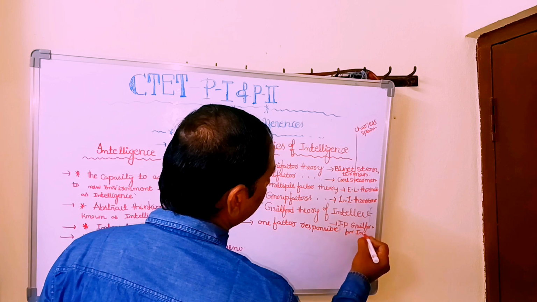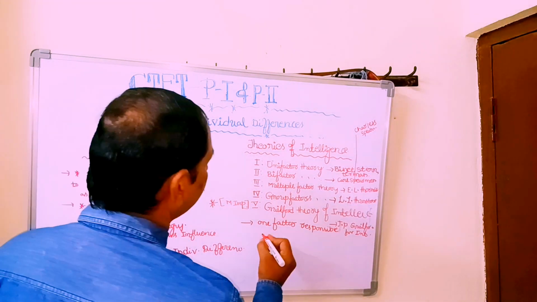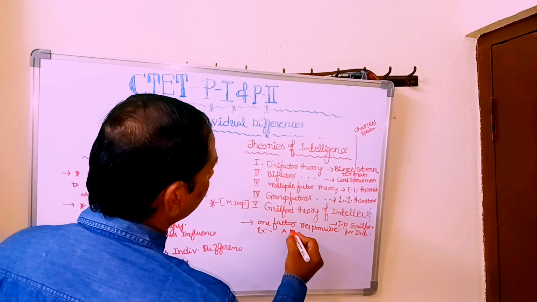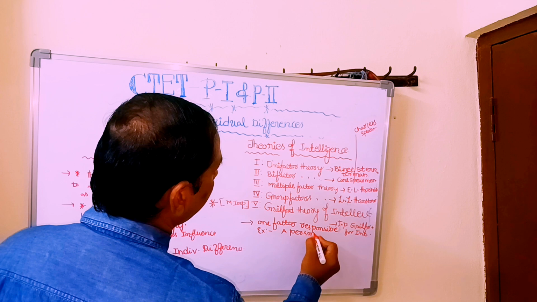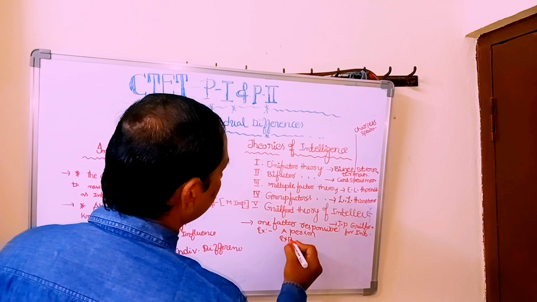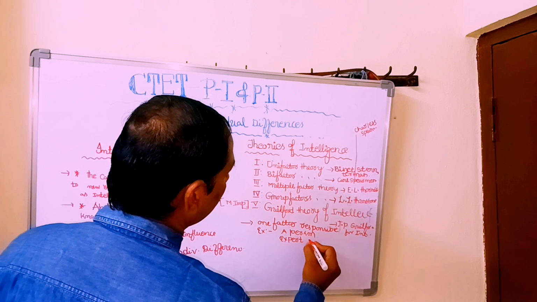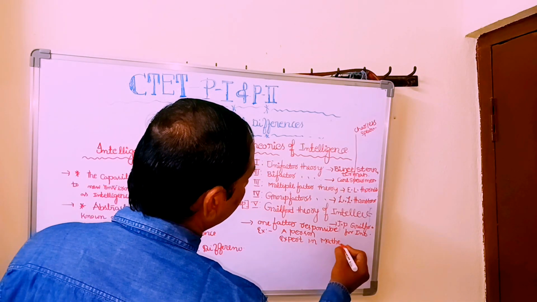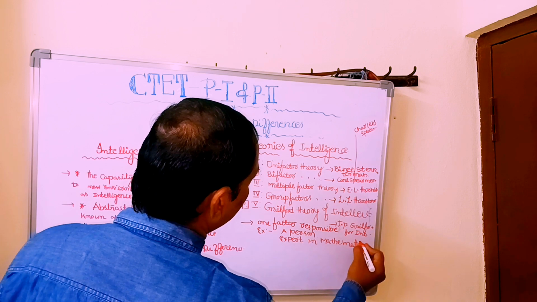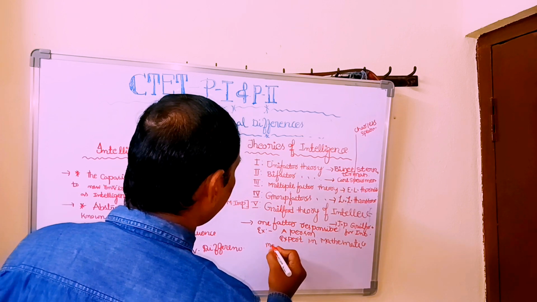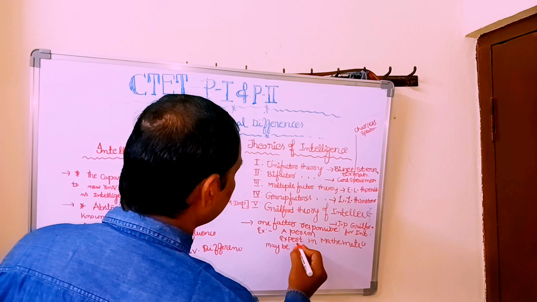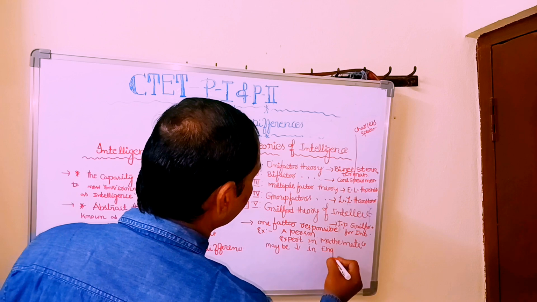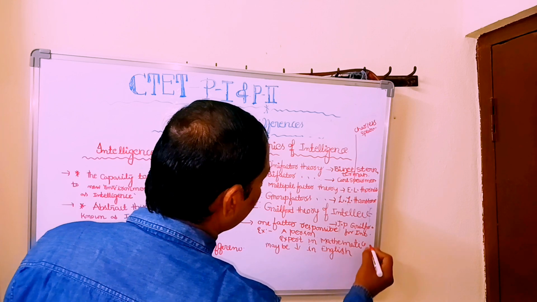For example, this theory believes that a person who is expert in mathematics may be expert in English also.